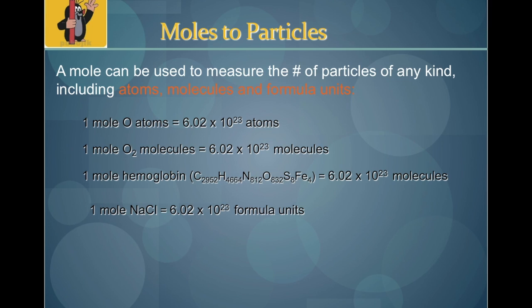A crystal has the same ratio, but it could have many sodium and chlorine atoms. So a formula unit is 1 of each. If we have 1 sodium and 1 chlorine, that's 1 formula unit. And if we have a mole of those, it's 6.02 times 10 to the 23rd formula units.